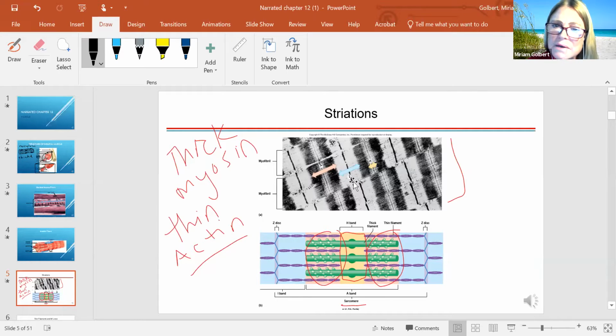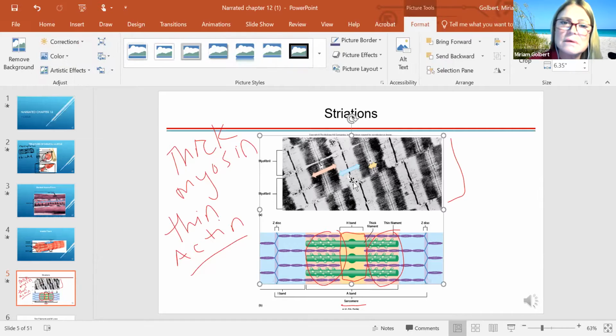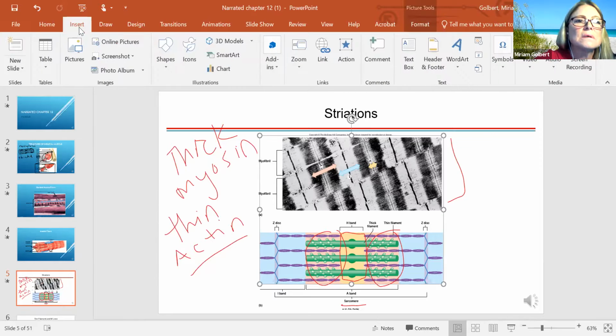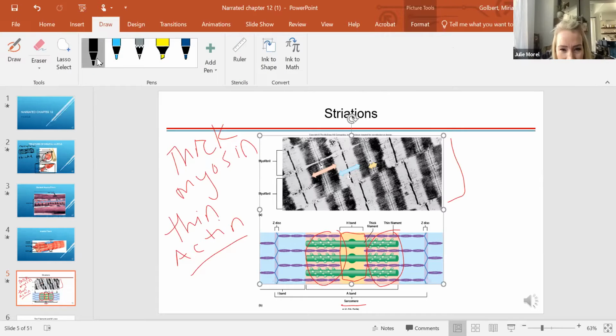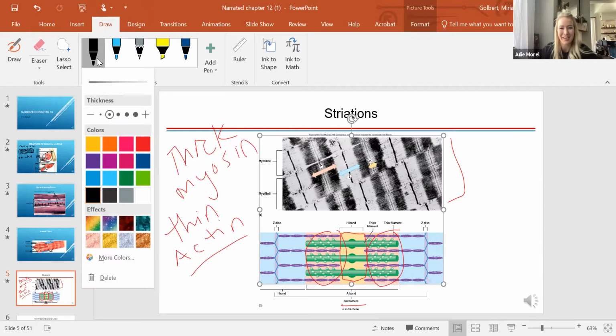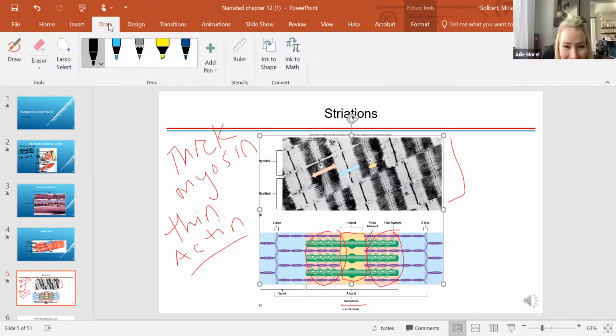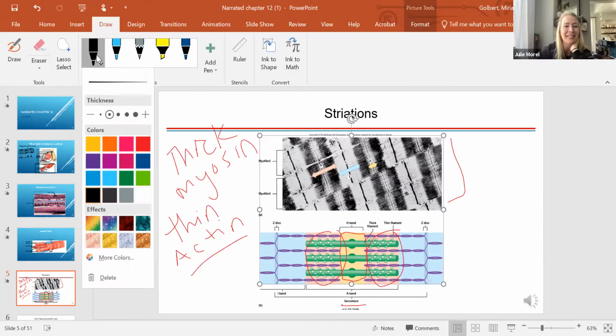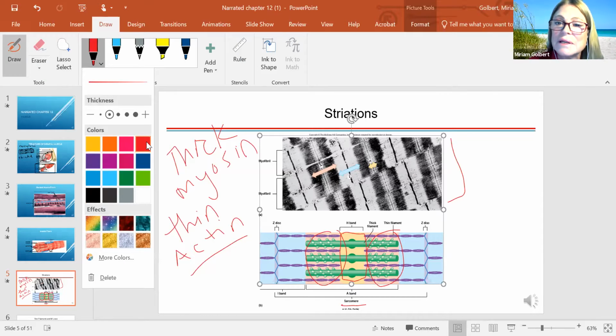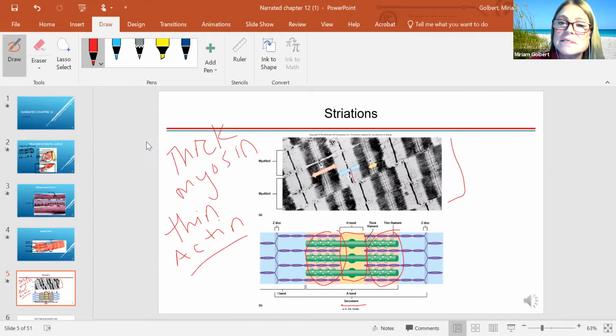So a sarcomere here will be from here. They're tiny little letters, I know. I have my glasses on and I can't see anything, but this is a sarcomere right here. Okay, all right.